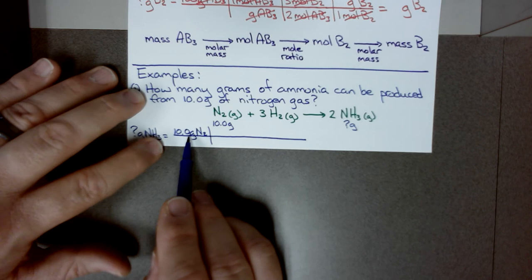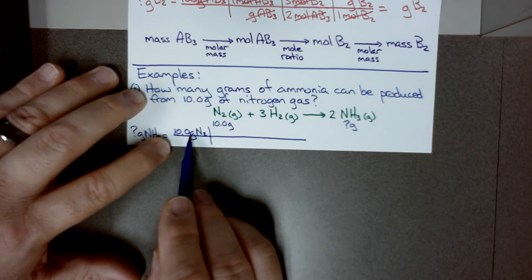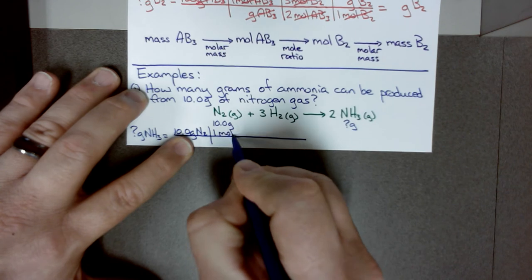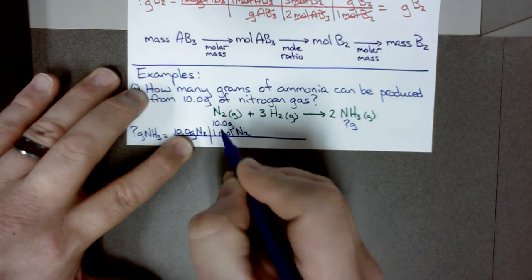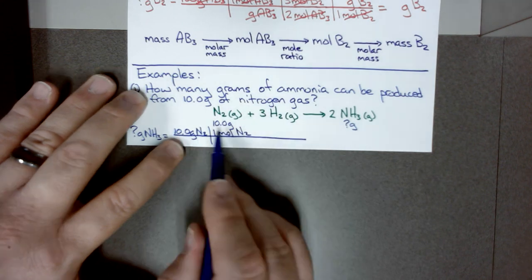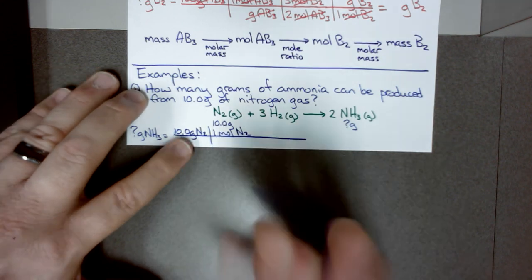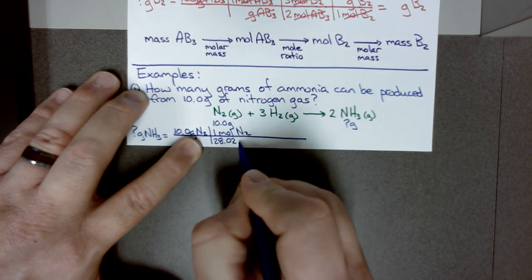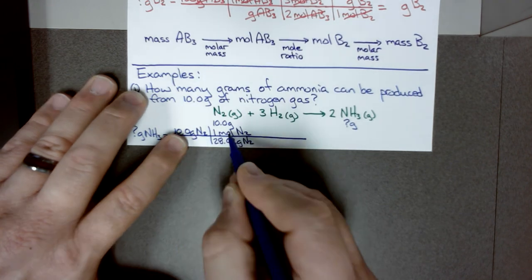Now the first step is I need to go from grams to moles using molar mass. So 1 mole of N2. Remember, this 10 grams is for the nitrogen up here. I should use a different color. Apologize. Is 28.02 grams for nitrogen. So 1 mole of nitrogen is that mass.